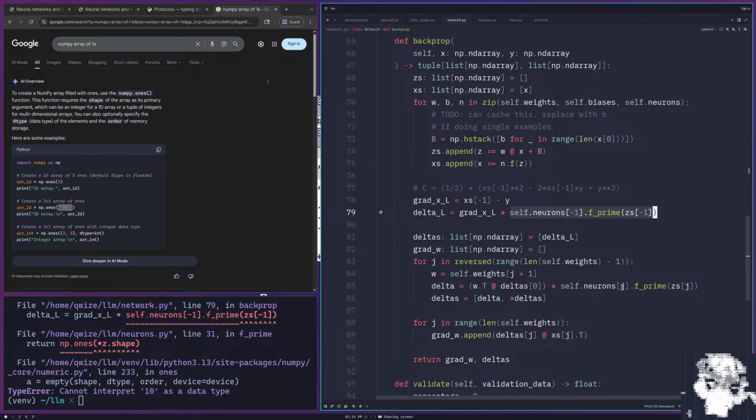I wonder if neurons of J is the wrong thing to grab here. I think it might need to be J plus 1 actually. Should it? No, because I don't want to be grabbing the linear layer's stuff in here.